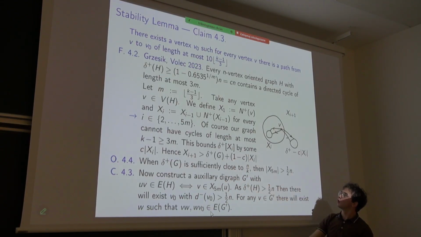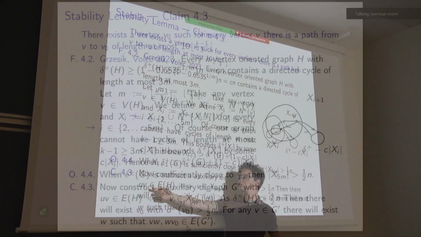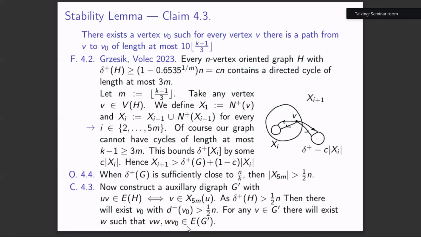We simply construct an auxiliary digraph, G prime, with an edge from U to V if and only if there exists a path from U to V of length at most 5m, that is, if and only if V is in the outgoing tower of U of length 5m. Now, this is a directed graph, by the way. This is not oriented.